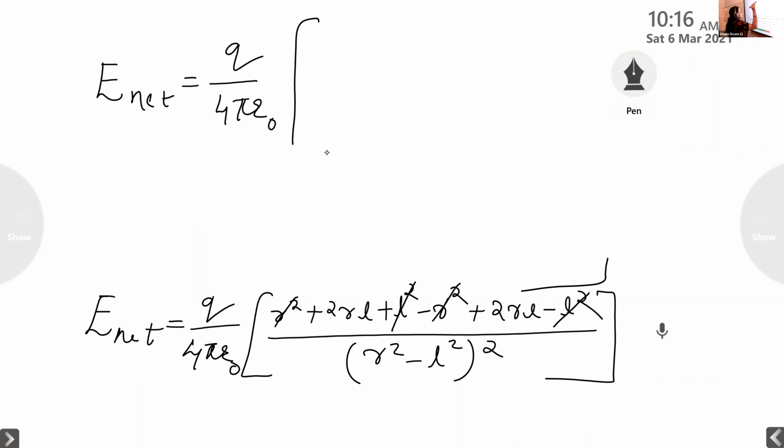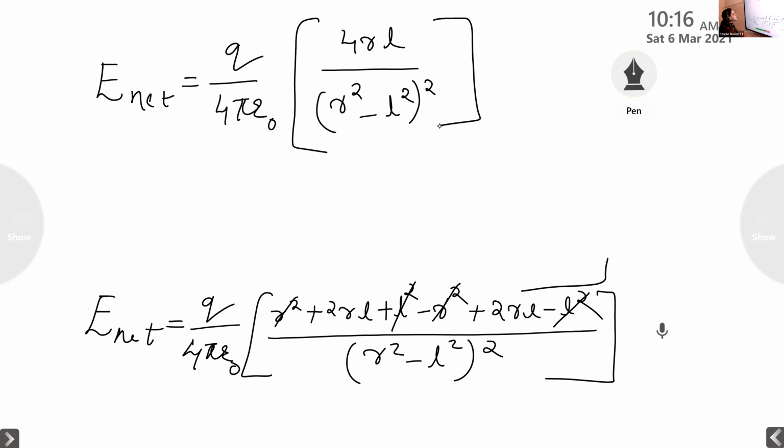Inside the bracket, some terms are cancelled. Here there is a plus 2RL and plus 2RL. What is plus 2RL and plus 2RL? That is equal to 4RL. So in the numerator there is only one term, that is 4RL, divided by R square minus L square the whole square.